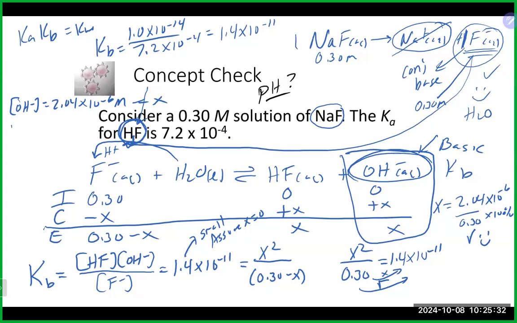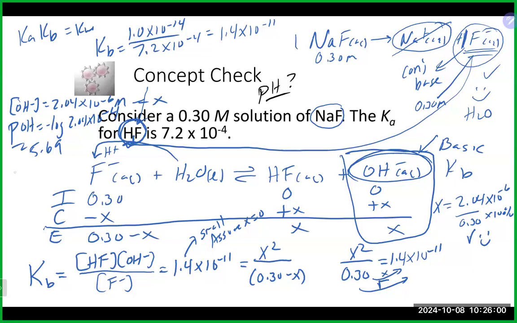That going into our pOH is going to get us there: minus the log of 2.04 times 10 to the minus 6, and that is 5.69. Again, if by some chance you got a little confused and you thought that that was your pH, that should not make sense because it should be basic, obviously, right?